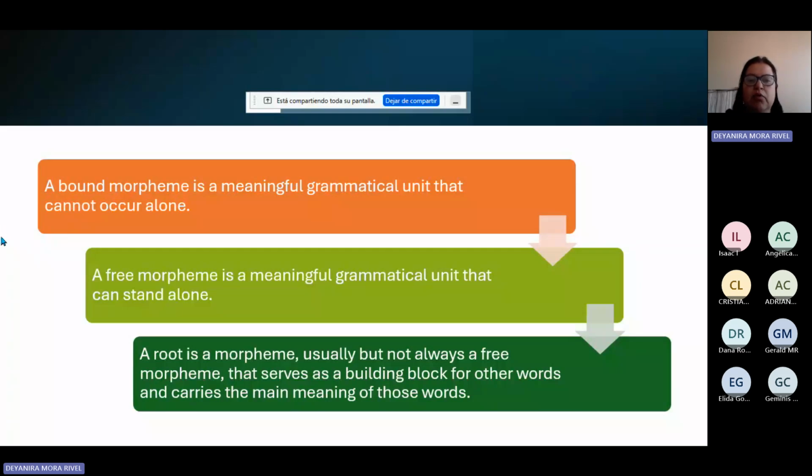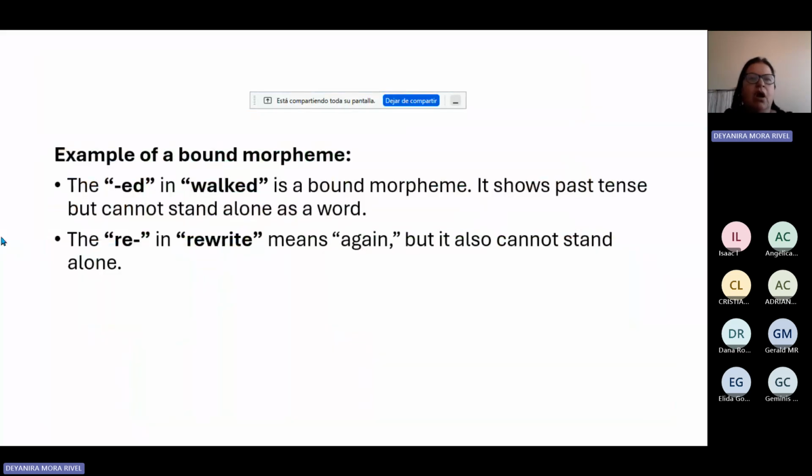The root is a morpheme, usually but not always a free morpheme, that serves as the building block for other words and carries the main meaning of these words, like cat or happy. So that would be the root. Okay, so it says that it's not always a free morpheme. Let's see if we can find examples.